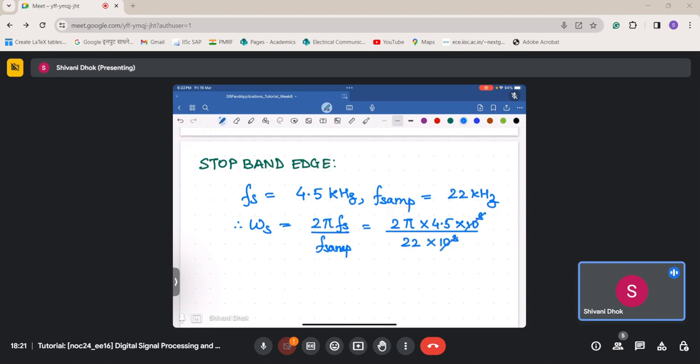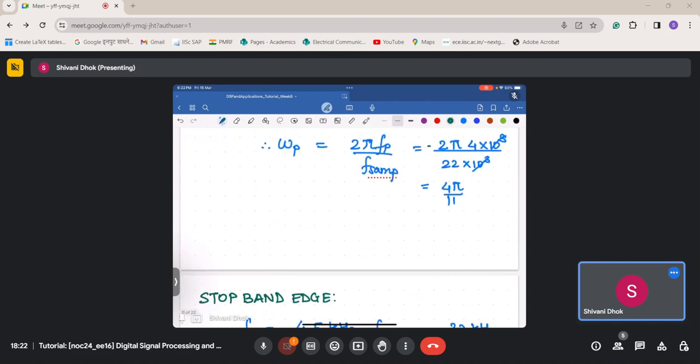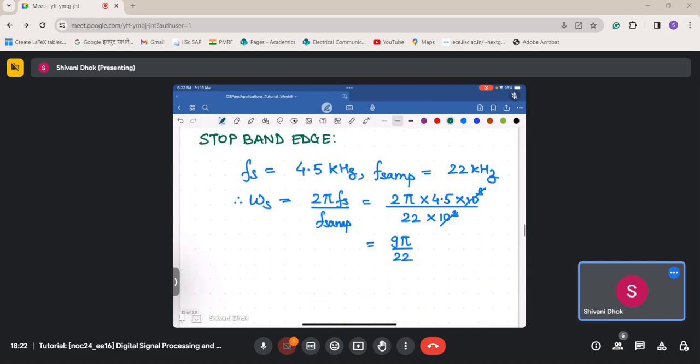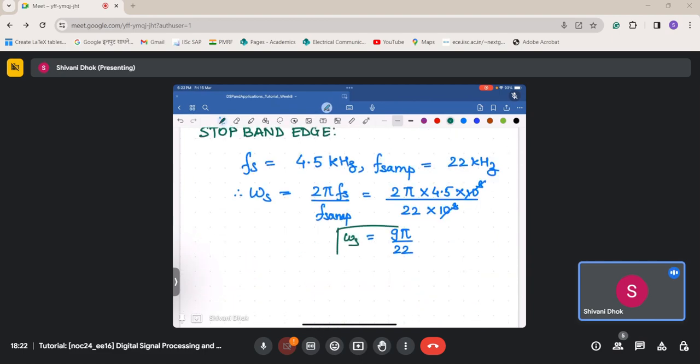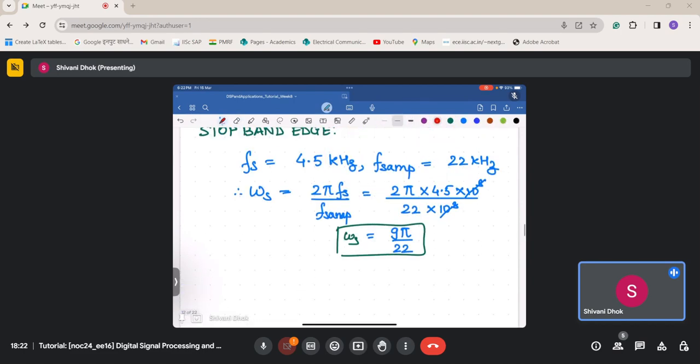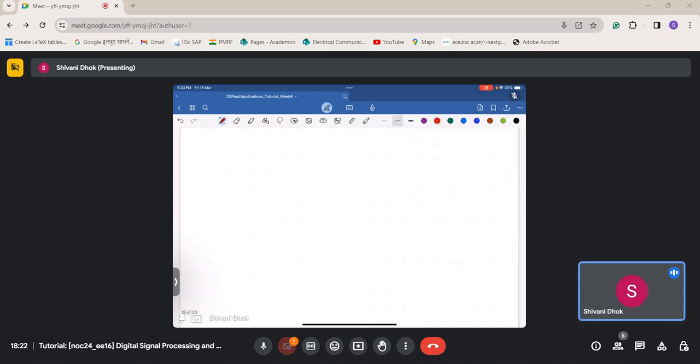This will get cancelled, and 4.5 into 2 is 9, so we have 9 pi by 22. So now we have this omega p and this omega s with us. If we have these two things, we can easily move on to the next step.